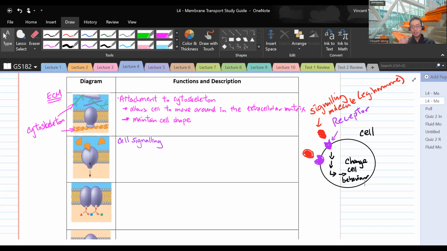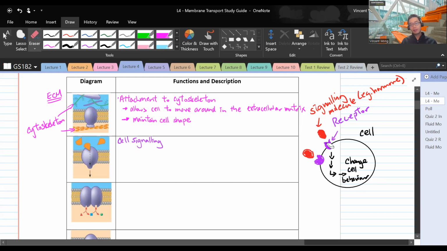The example I gave in class is if someone is getting ready to do a sprint, like running really fast, then the signaling molecule, adrenaline, is going to help the person release more glucose, to break down the glycogen and release more glucose.